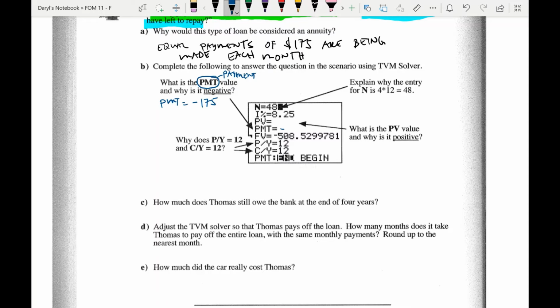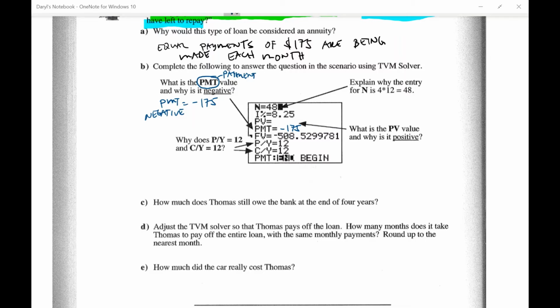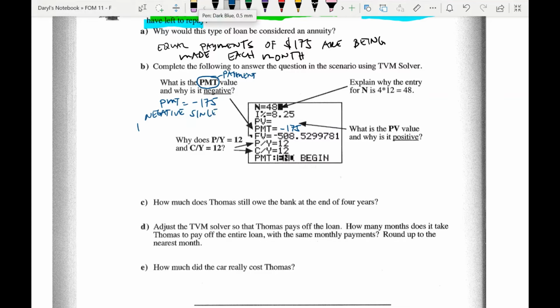I'm going to place negative 175 here. It's negative because, by default, this calculator uses the convention of negative if the money is coming out of your own pocket. It is out of pocket, an expense, that's why it's negative.